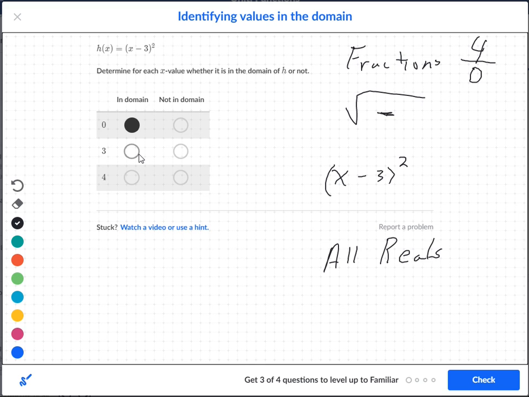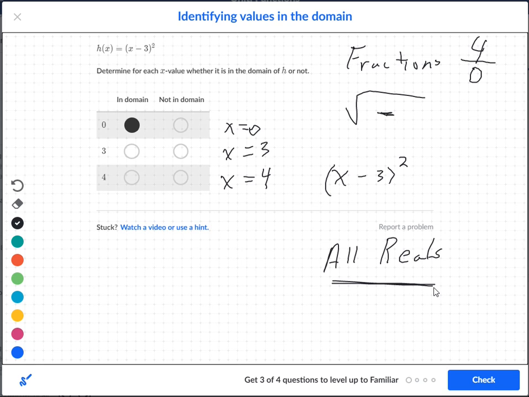So I could say x is equal to 0. I could say x is equal to 3. I could say x is equal to 4. It doesn't matter. So I could say 0 minus 3, 3 minus 3, 4 minus 3, because all real numbers work.